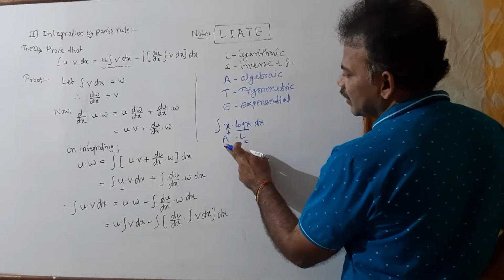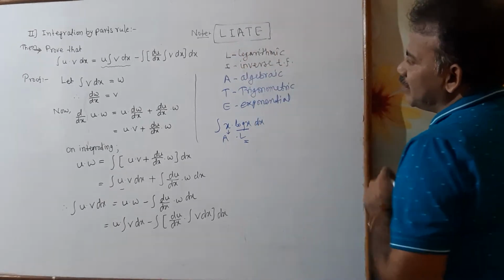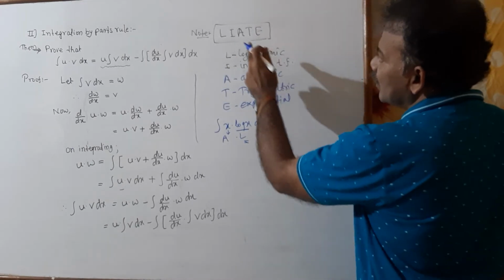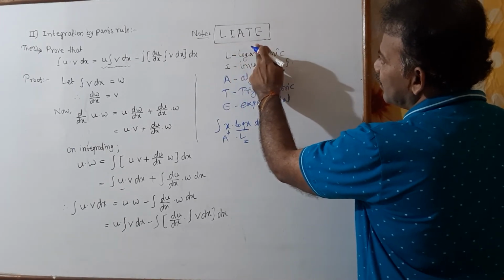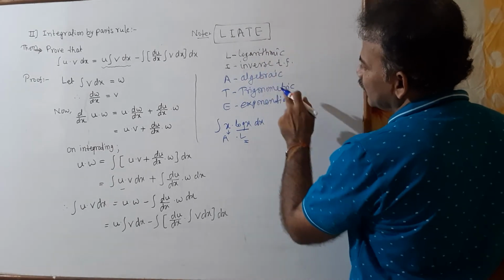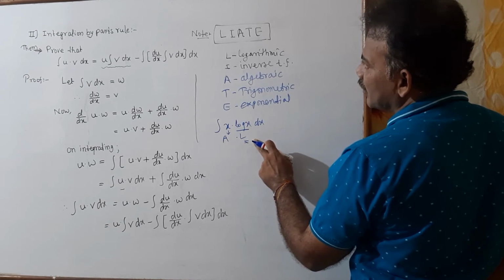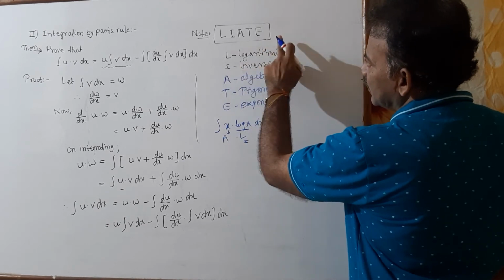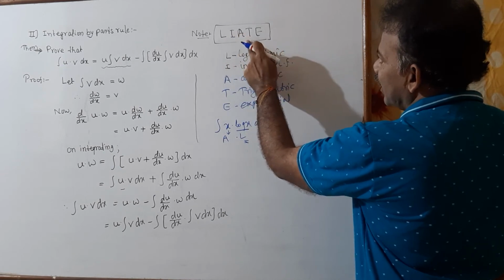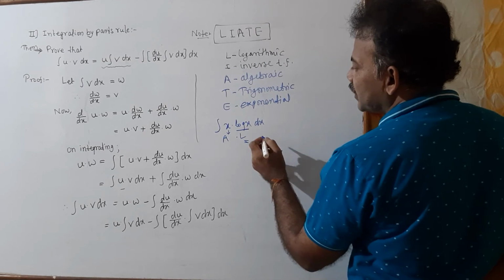So we get A first, then L. But this word says to take L first, then I, A, T or E. So we have to change this order.